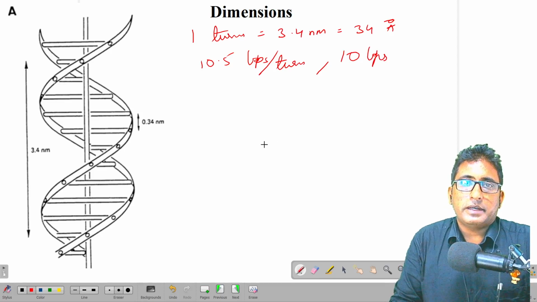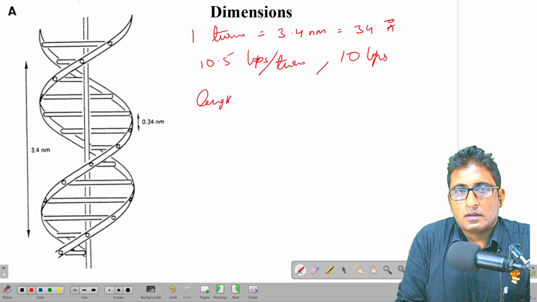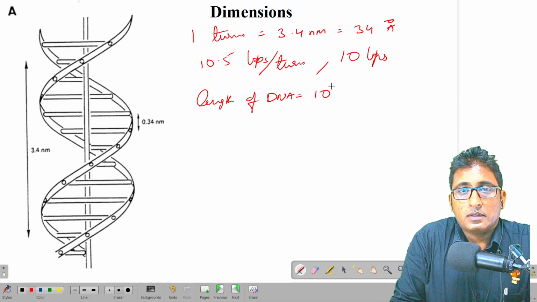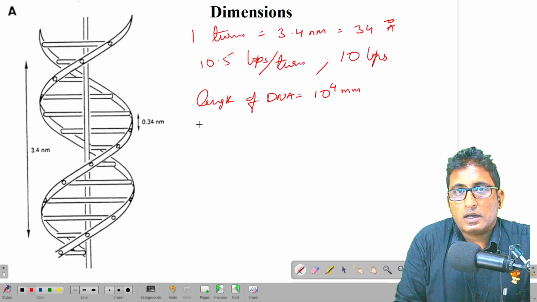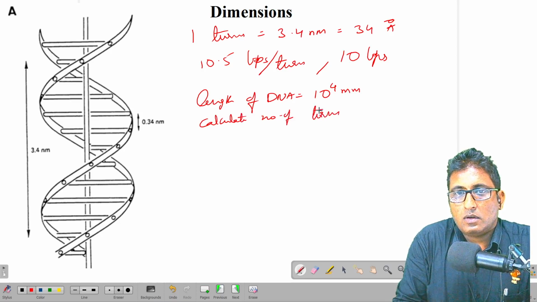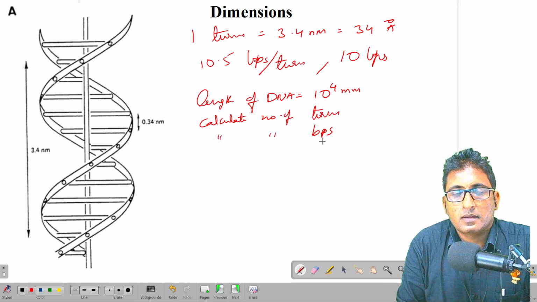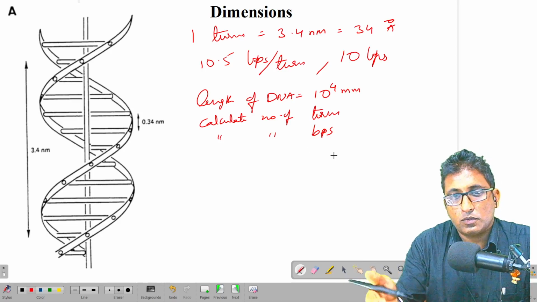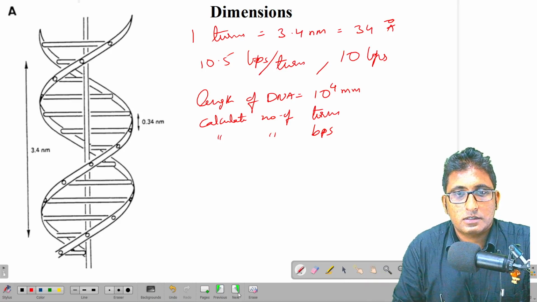So if somebody has given us the length of DNA as, say, for example, 10 to the power 4 millimeters, they could ask you to calculate the number of turns or calculate the number of base pairs that DNA has. Those are some of the interesting kinds of problems that usually come up. If you can, please pause the video here and you might want to try it out by yourselves.